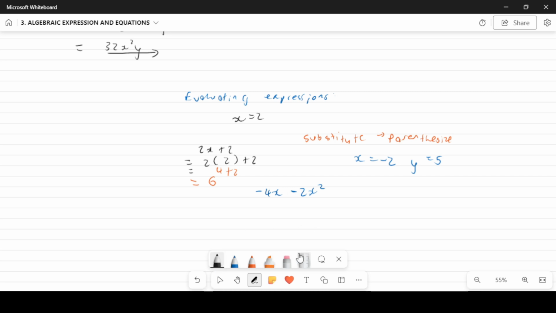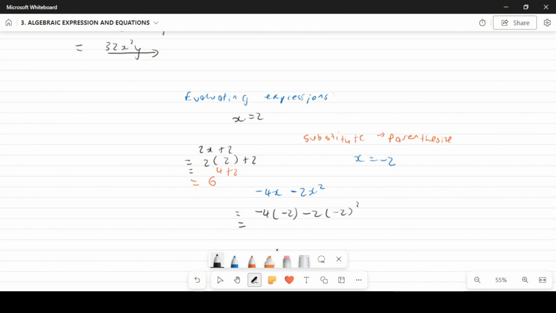This is why you have to be very careful with the brackets, because see, minus 4 into minus 2. I have to parenthesize because this minus will distribute into that minus. And then minus 2 times minus 2 squared. You have to put it in brackets, because otherwise you're going to mix this minus 2 with that minus 2, and you're going to just add in 2.